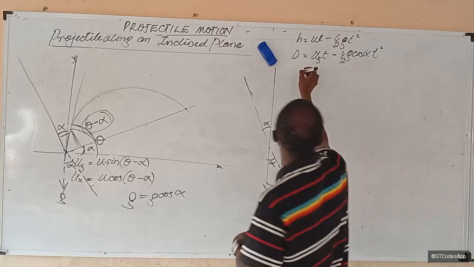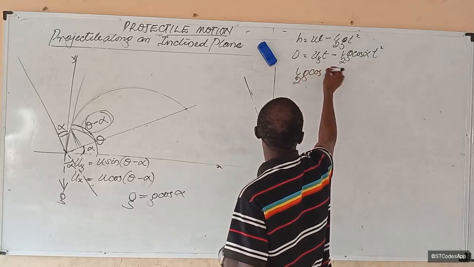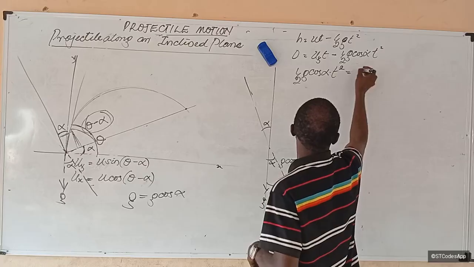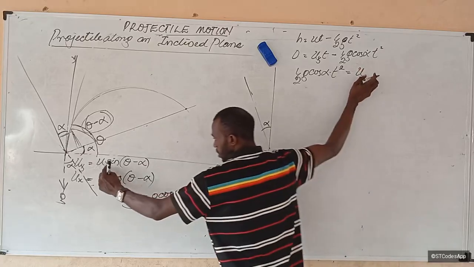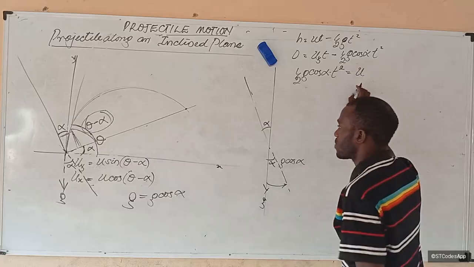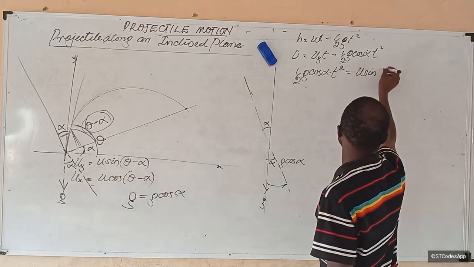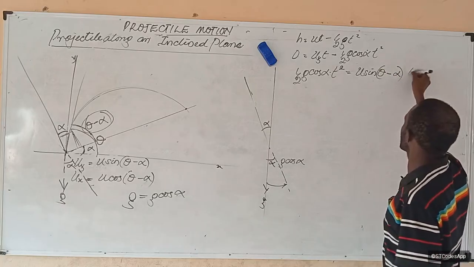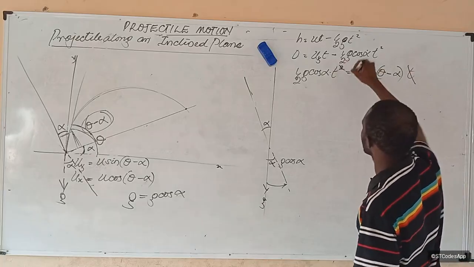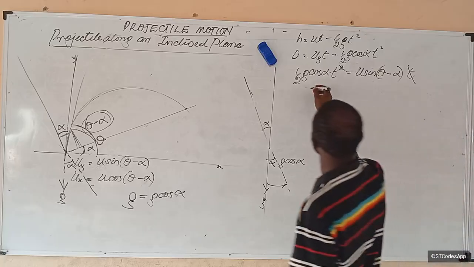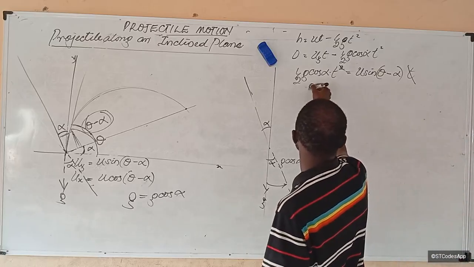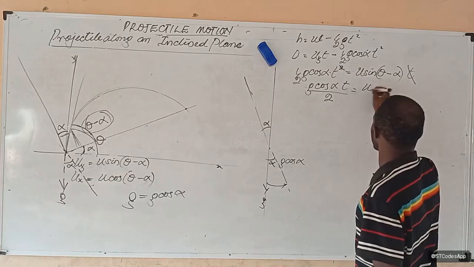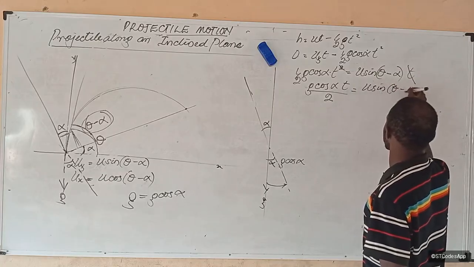You bring this here, it becomes half g cos alpha t squared is equal to uy. What is uy? u sine theta minus alpha, times t. So t takes care of t, divide both sides by t. So g cos alpha t over 2 is equal to u sine theta minus alpha.